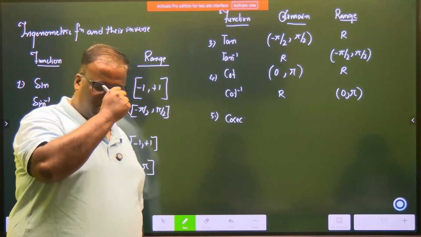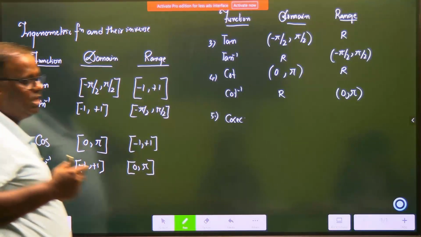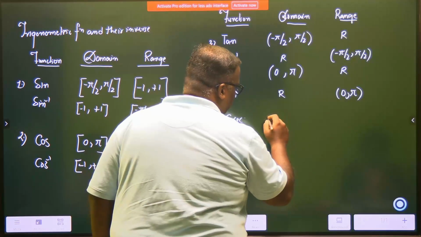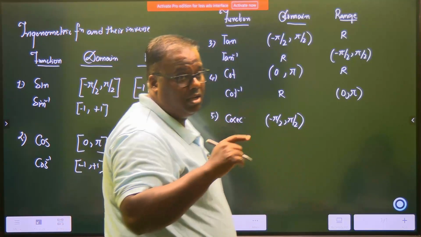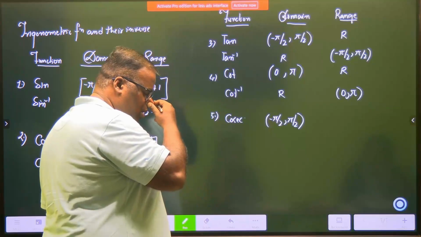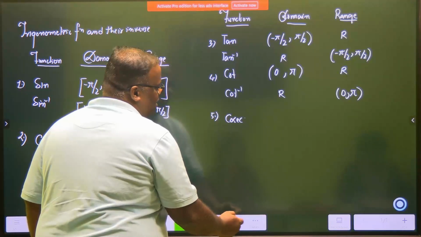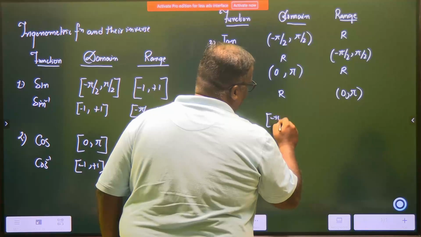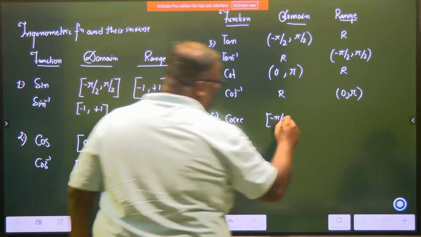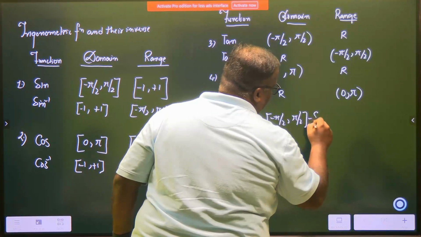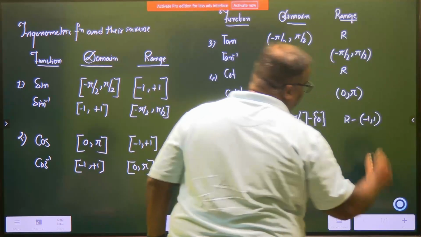That means cosec cannot take the value of 0. So cosec will be from negative pi by 2 to pi by 2, but cannot take 0, and will give you all real numbers except between negative 1 and 1.